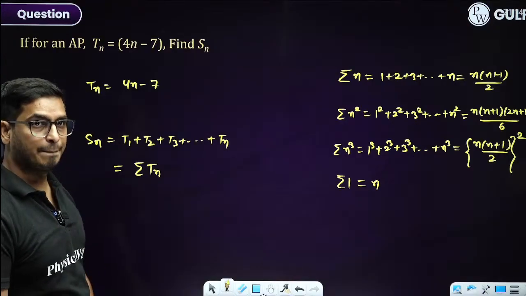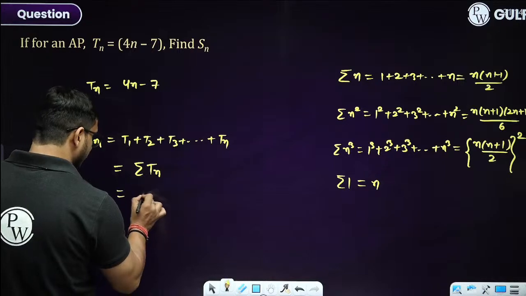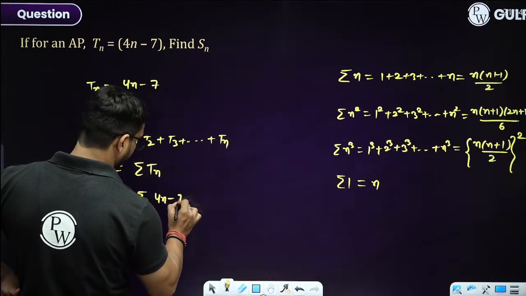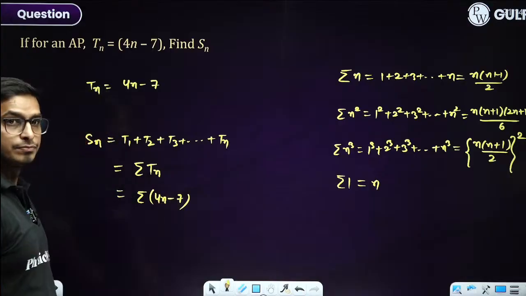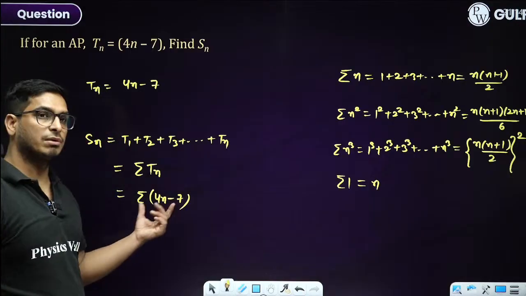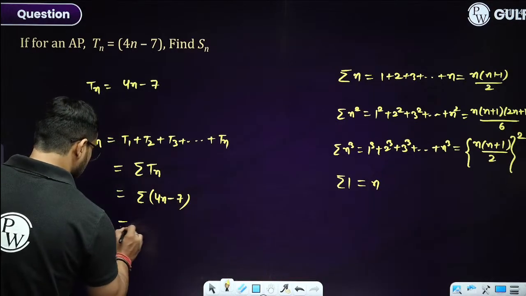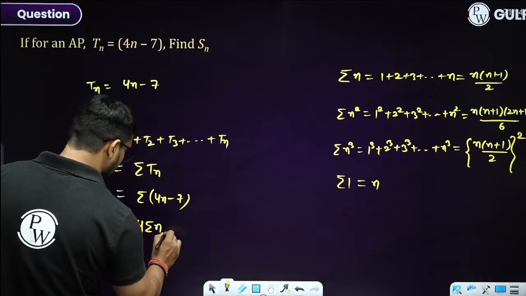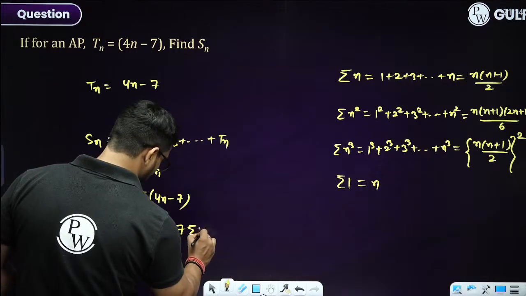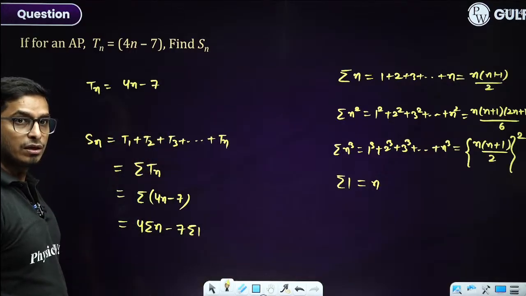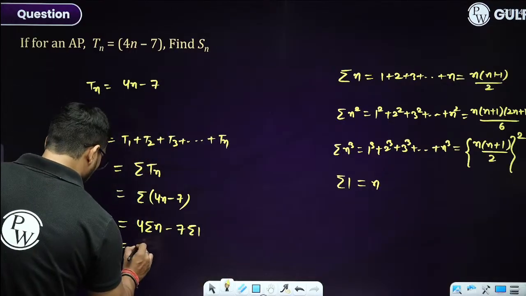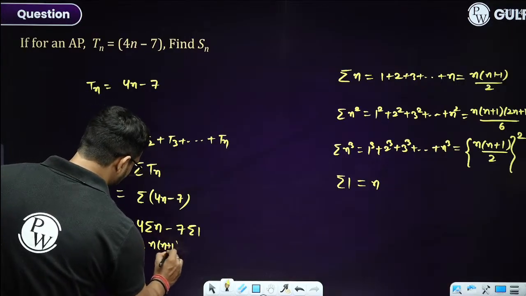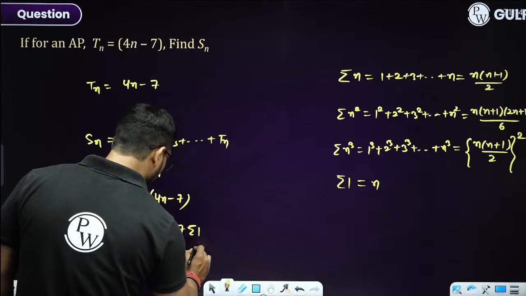So we can write 4n minus 7 and distribute the sigma. The constants come out of the sigma: 4 sigma n minus 7 sigma 1. We know sigma n is n into n plus 1 by 2, then minus 7n.